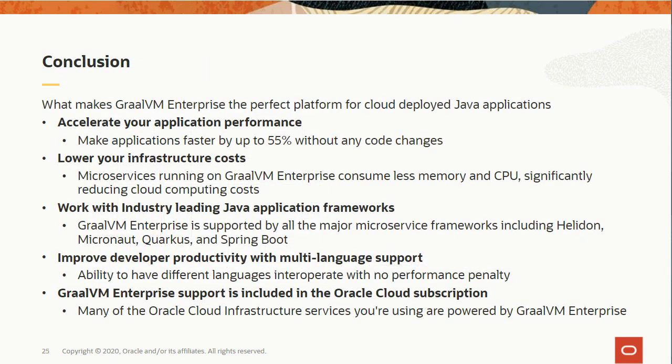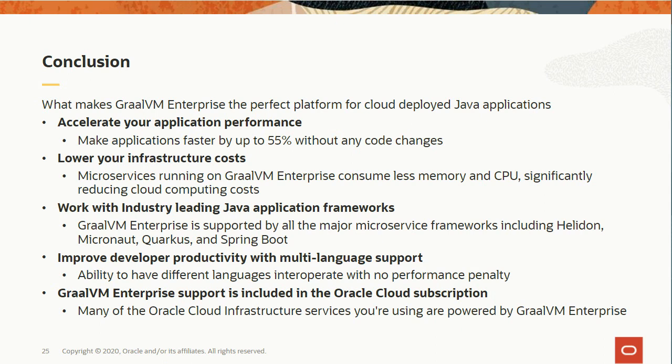So to conclude, I would like to leave you with this quick summary about what makes GraalVM Enterprise the perfect platform for cloud deployed Java applications. Accelerate your application by making GraalVM Enterprise just a drop-in replacement. GraalVM Enterprise can make your applications faster by up to 55% without any code changes. Lower your infrastructure costs.